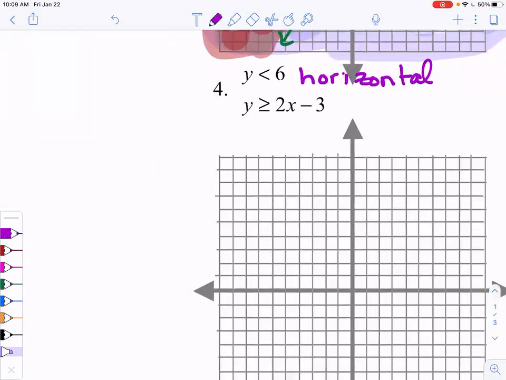For number 4, I would go to the 6 on the y-axis and go straight across through that point to make my horizontal line. You're going to do the same thing for 5 and 6. So I did that in purple, below the horizontal line.